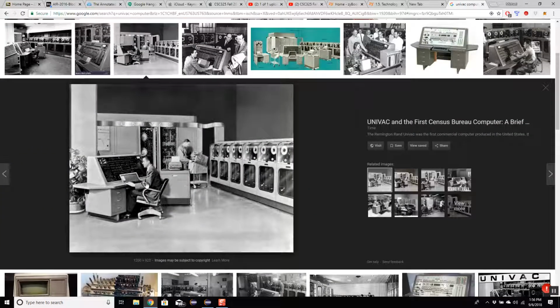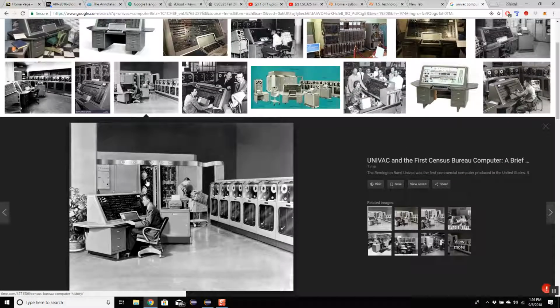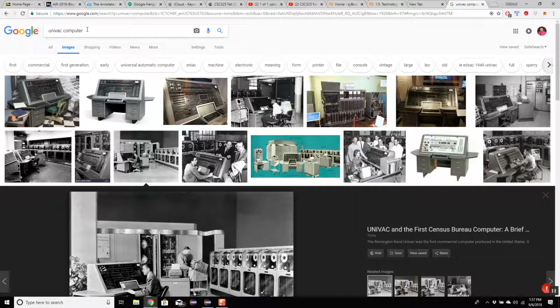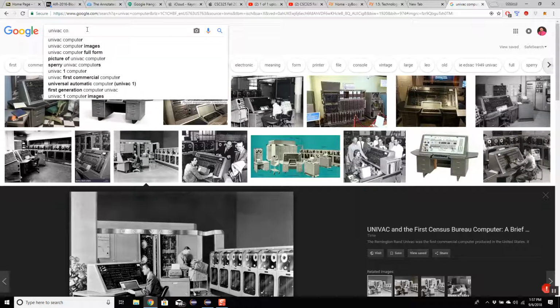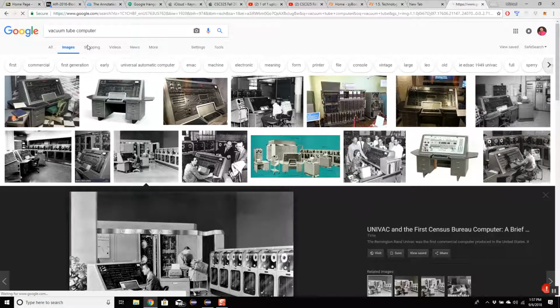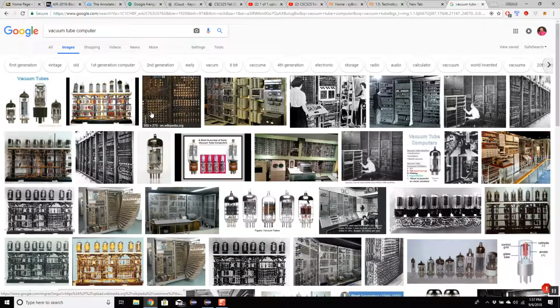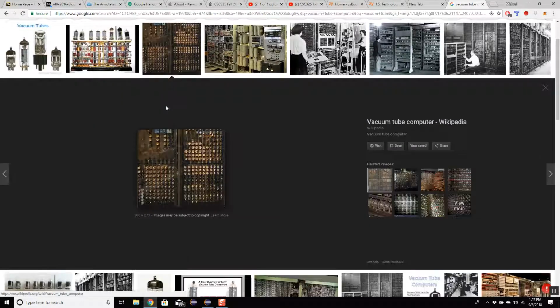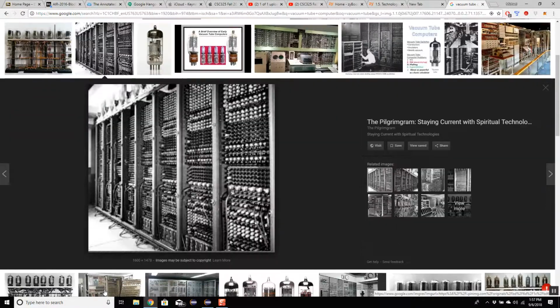Something like this was a computer that was not anywhere near as powerful as what you have sitting in front of you right now, even if it's just your smartphone. I'm going to do a search for vacuum tube. You see it looks like a light bulby looking thing. Yeah, this is a good enough one.